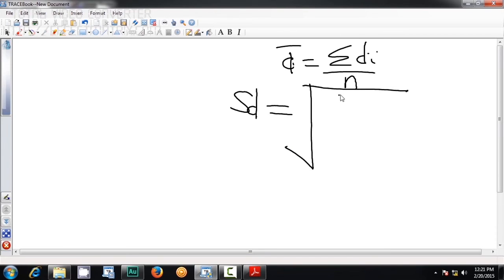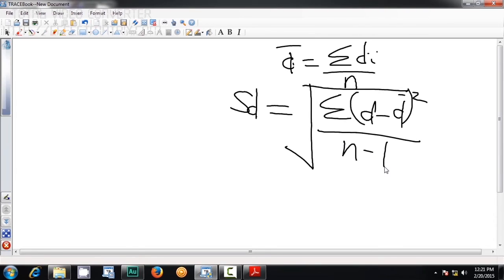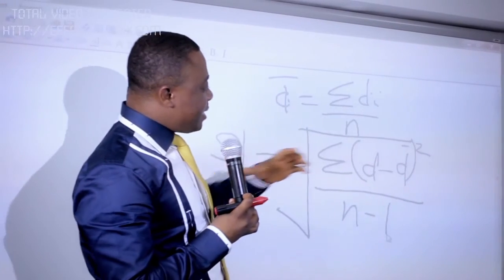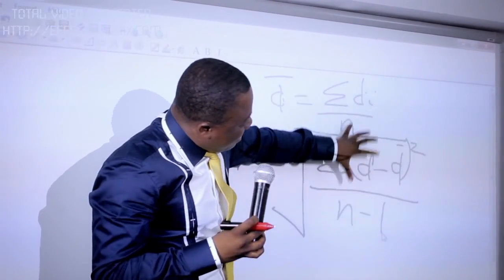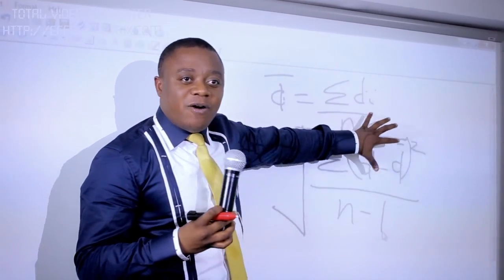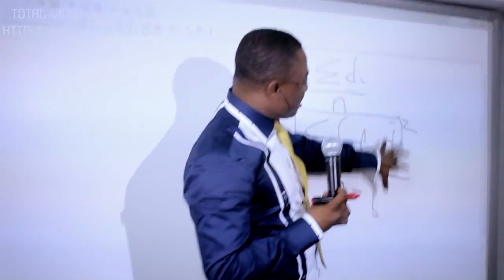Bring the summation sign, difference minus the mean difference, which is D bar, square it, divided by n minus 1, which is your standard deviation. And this is the whole job. This is the grandpa of the whole topic that you want to look at.